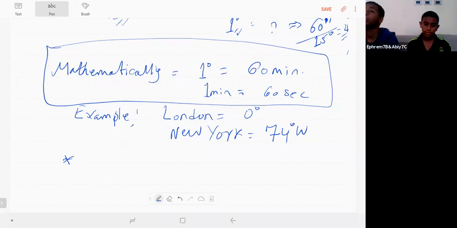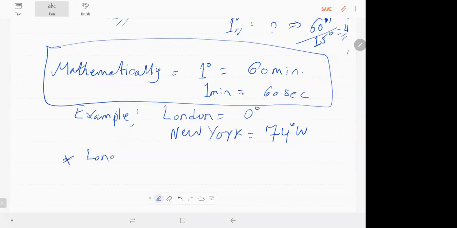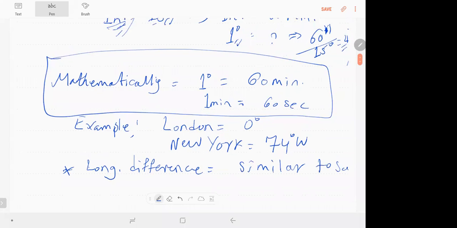Now let's find the longitudinal difference between London and New York. If the given places are in opposite direction, to know the longitude difference, you add them. For longitudinal difference, for similar directions, you subtract.